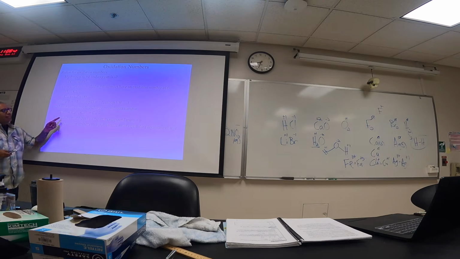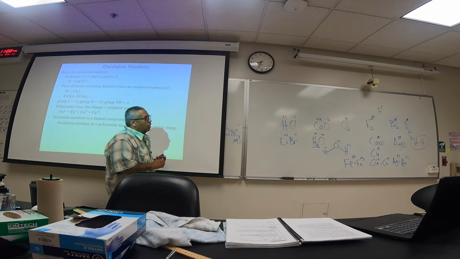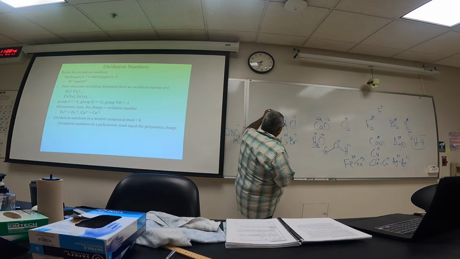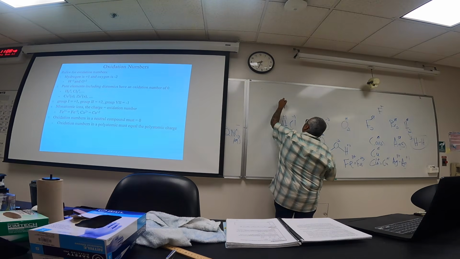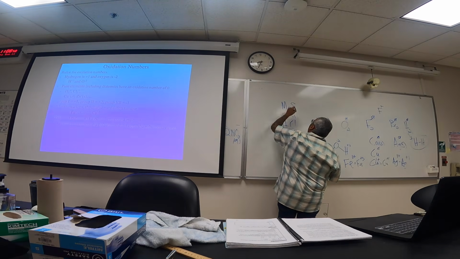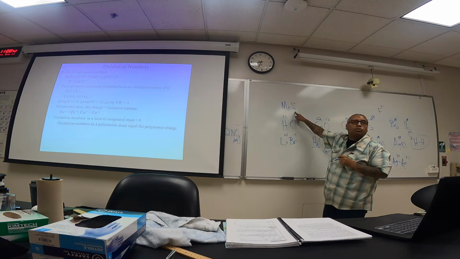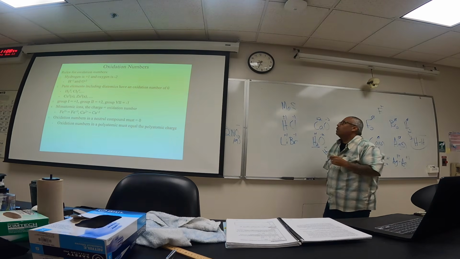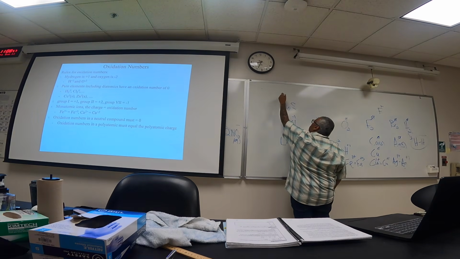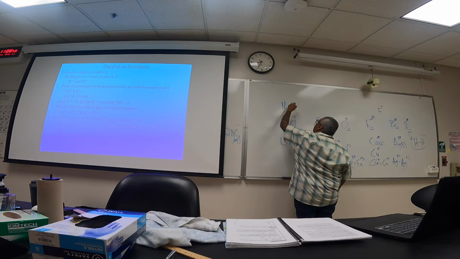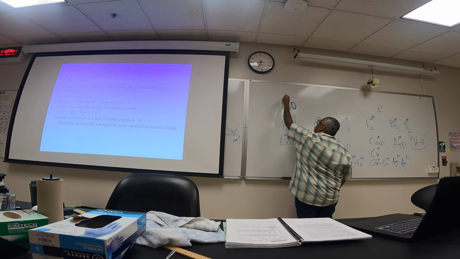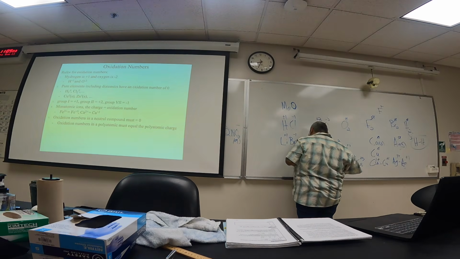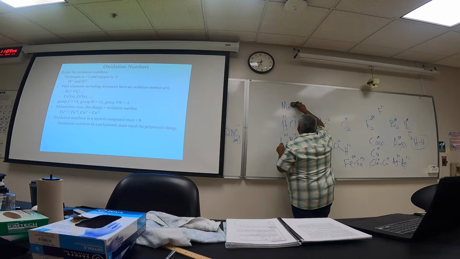Rule number 5 is that the oxidation numbers in a neutral compound, is this neutral? Yes. Magnesium is 2 plus, and actually let me change this to oxygen because we already know what oxygen is. Or actually, no, let's go back to sulfide. We're fine. We're good.